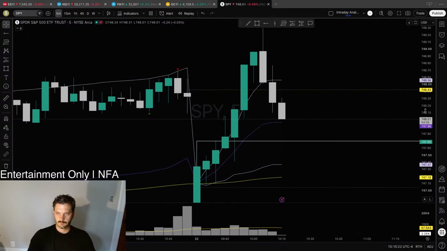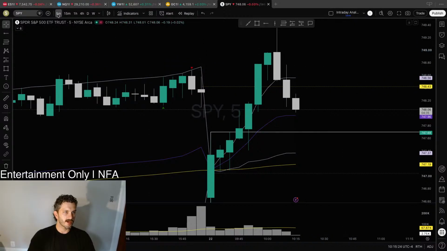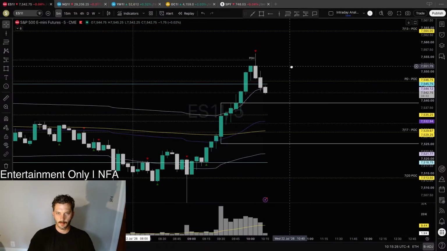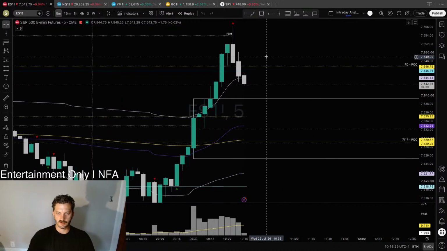Here we go. Testing a VWAP here on SPY. Price is coming back into the ORB as well on ES here.